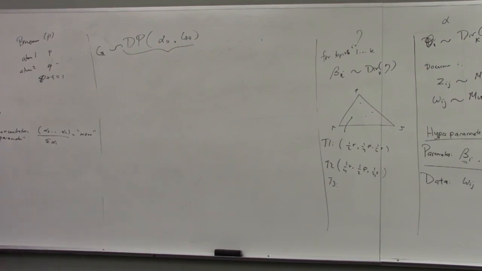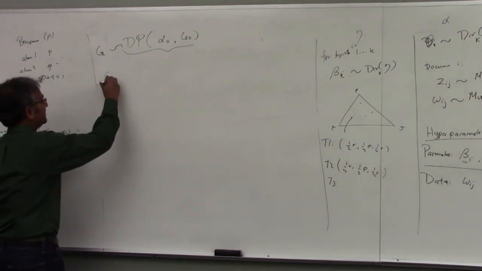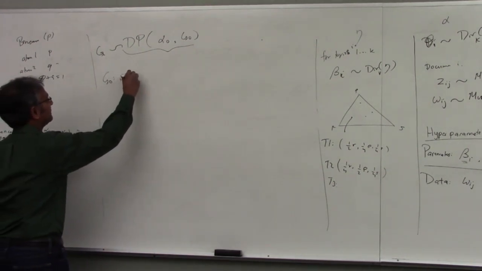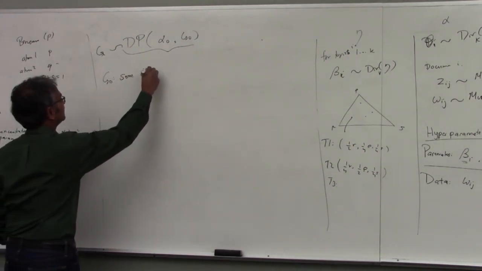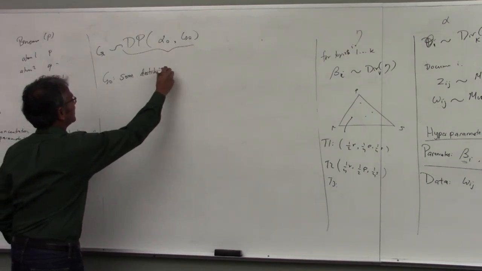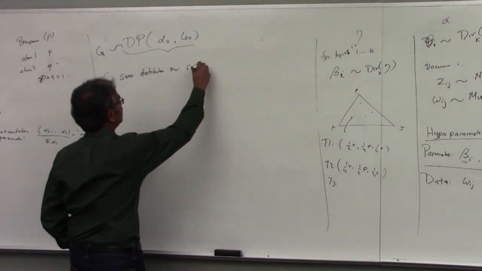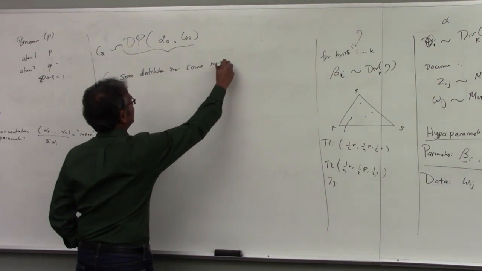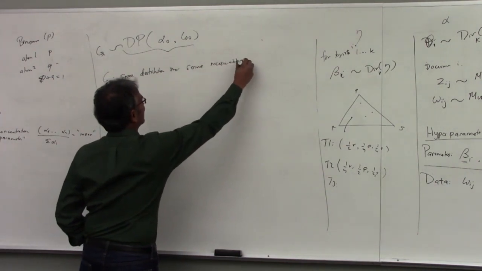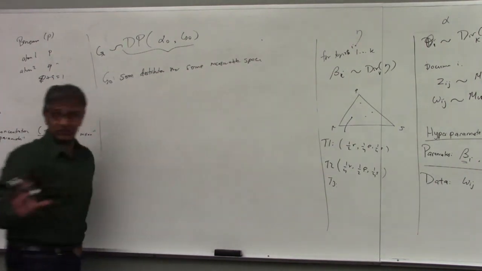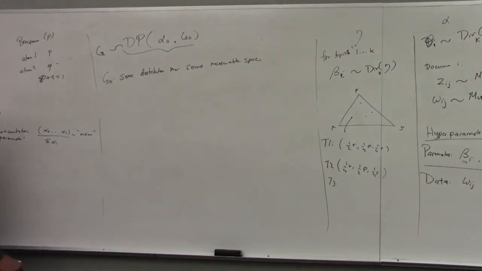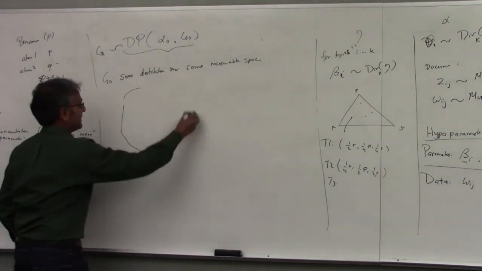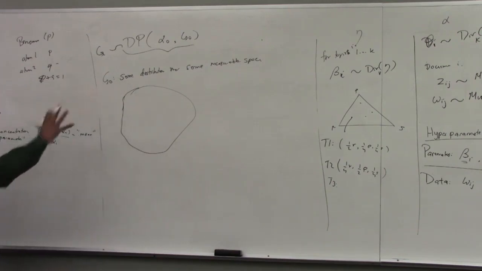Okay, so this is the property I want. So G0 is some distribution over some measurable space. Again, I have to be vague here because I'm not talking about a fixed dimensional space, some arbitrary space. Okay? So think of some measurable space here. Okay, there's some distribution over it.